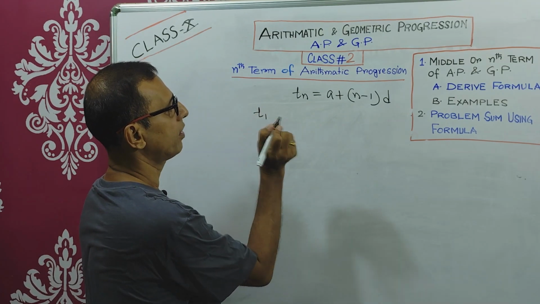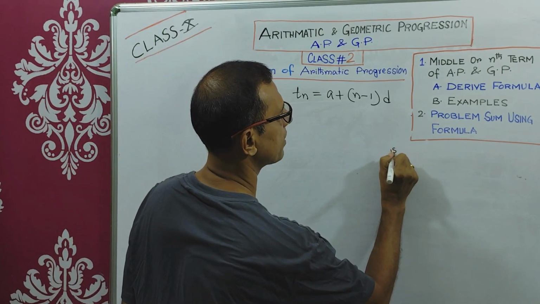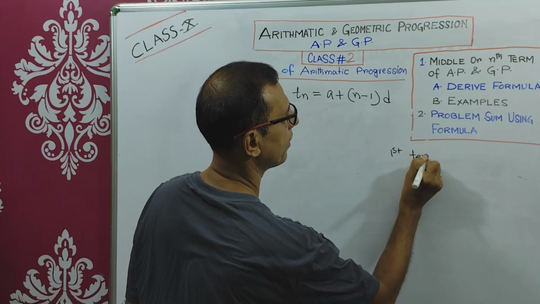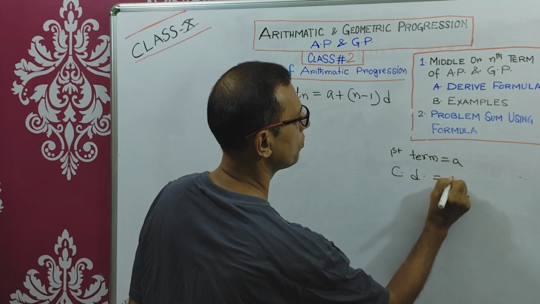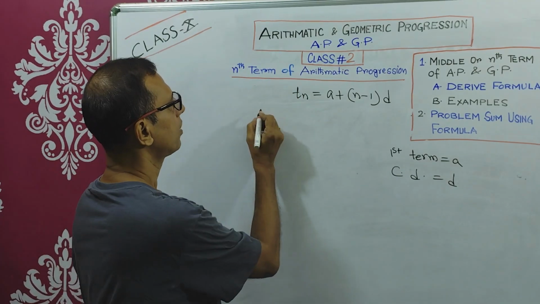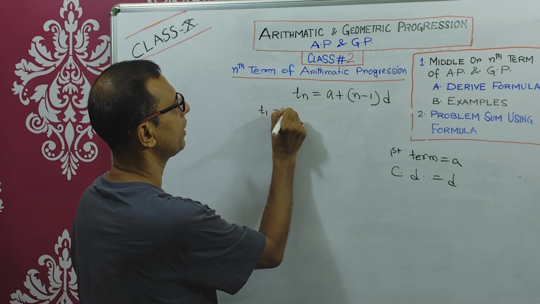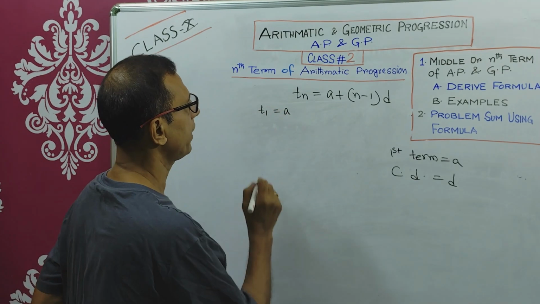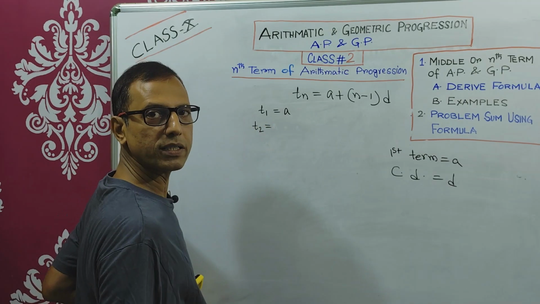Let's say T1 for a given AP series where the first term is a and the common difference equals d. So the first term is a, that means T1 equals a. T2, the second term, equals, what did I say?